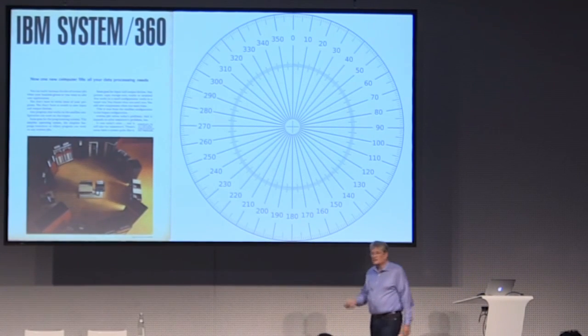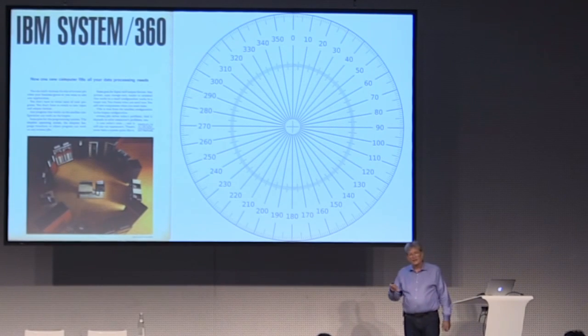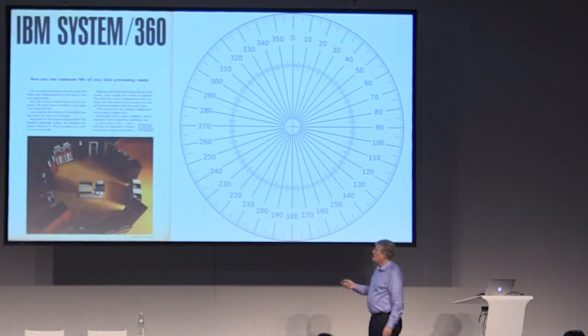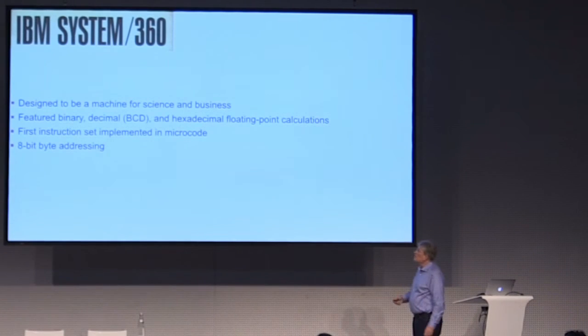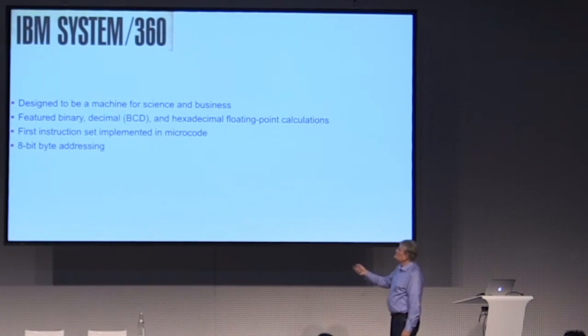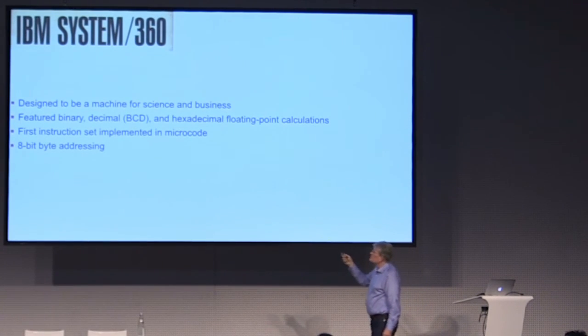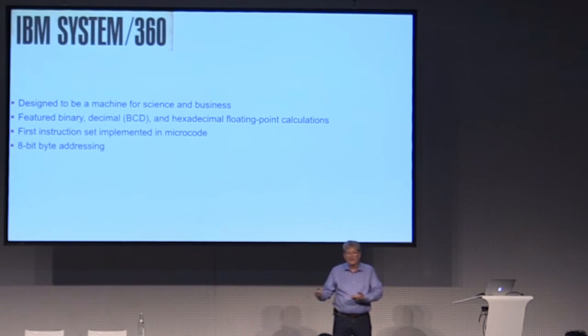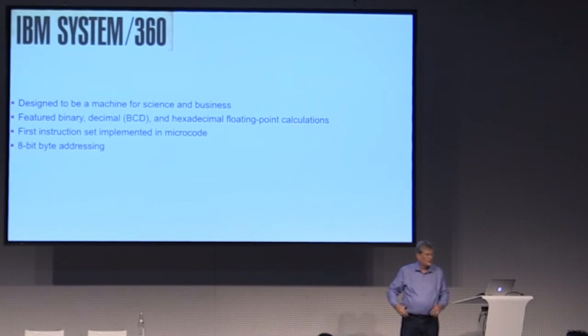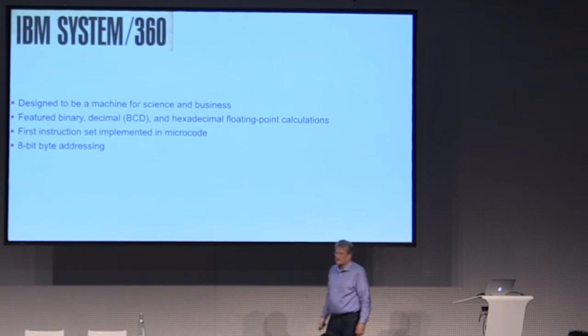But it was so successful with it, it kind of established the idea that this is what we would do from now on. So it was designed to be the machine for science and business, featured BCD, hexadecimal floating point. The first instruction set implemented in microcode. The instruction set was so complicated because they just threw everything in, right? Everything was there. And it also did this 8-bit byte addressing.